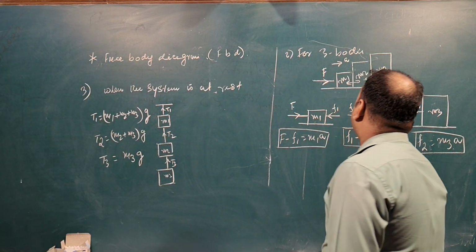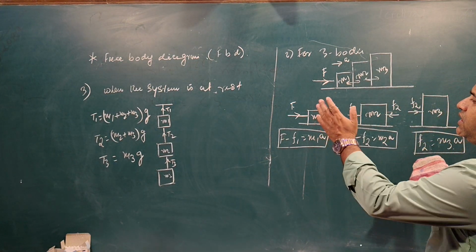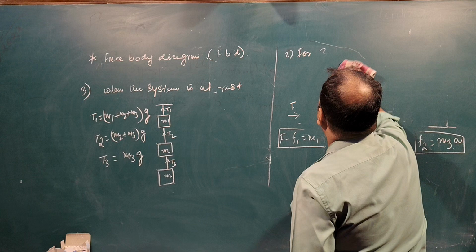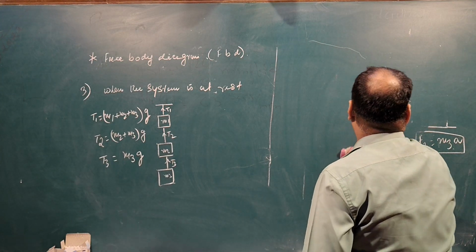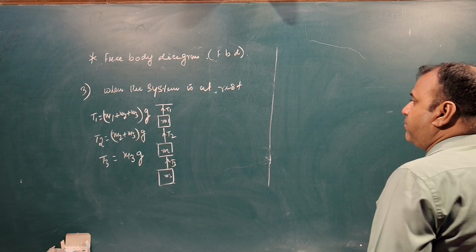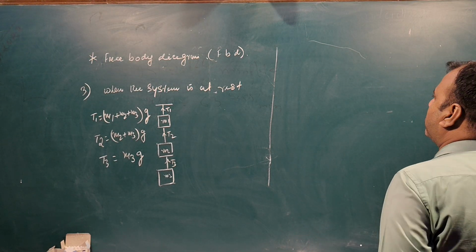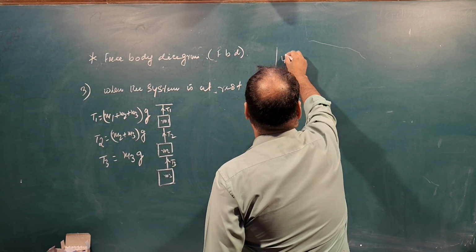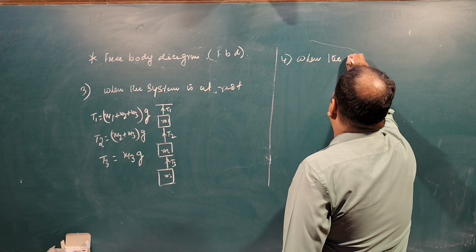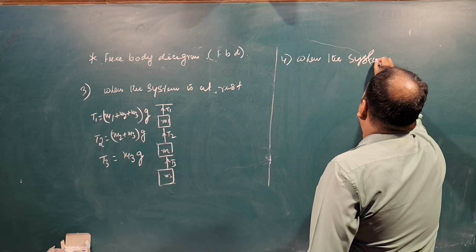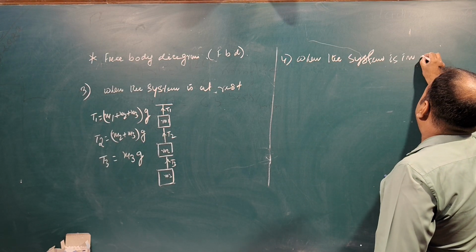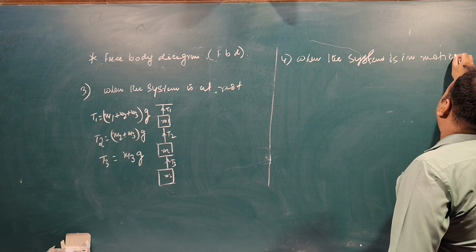Next, you see what happens when the system is in motion. In the earlier case it was at rest, but for the same diagram, now number 4, when the system is in motion.